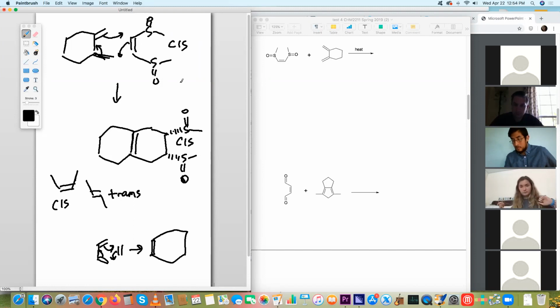Does anybody have any questions about that top one? So you do definitely need to show the stereochemistry, and you'll definitely get one of these that has what I call a 2D structure. That's that one. And then one like the one down below, which has a 3D structure or needs to be shown.